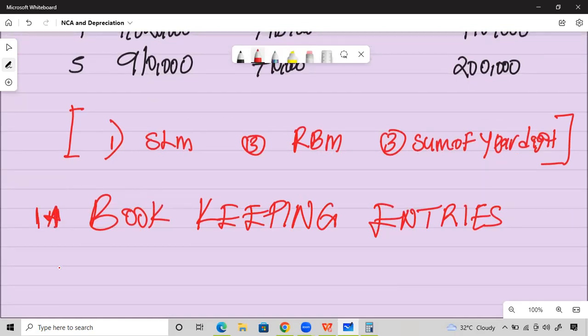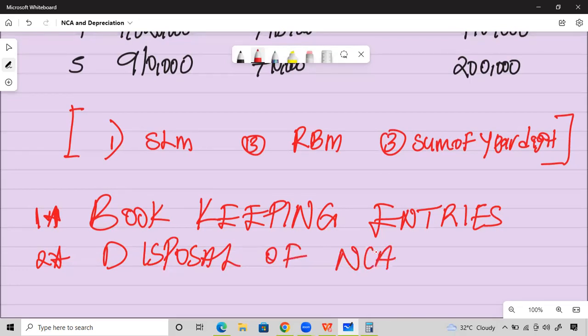This is 1 and this is 2. We are going to be talking about disposal of non-current assets. So what are the bookkeeping entries that we are also going to maintain when a non-current asset is being disposed?